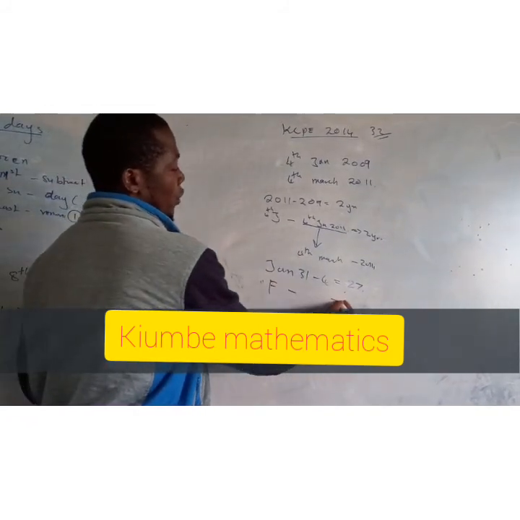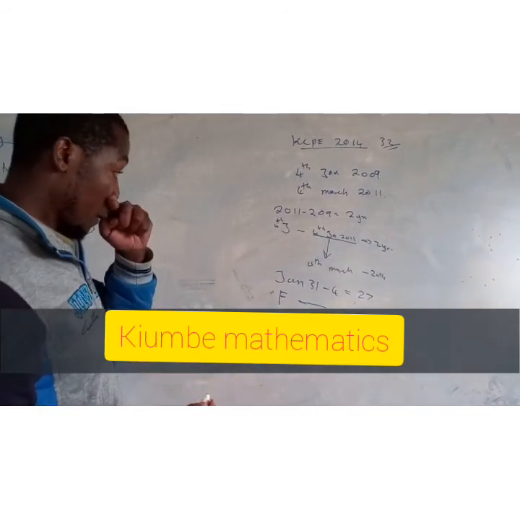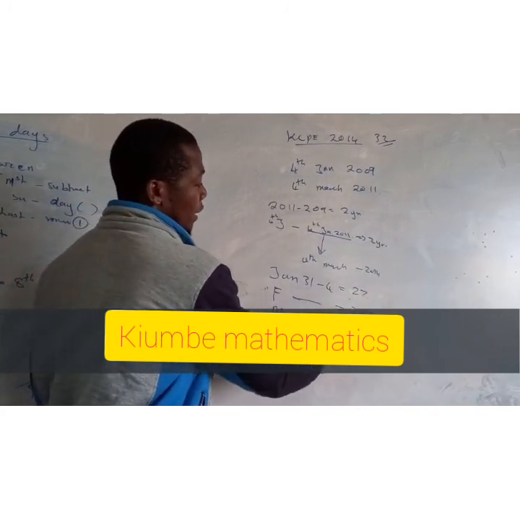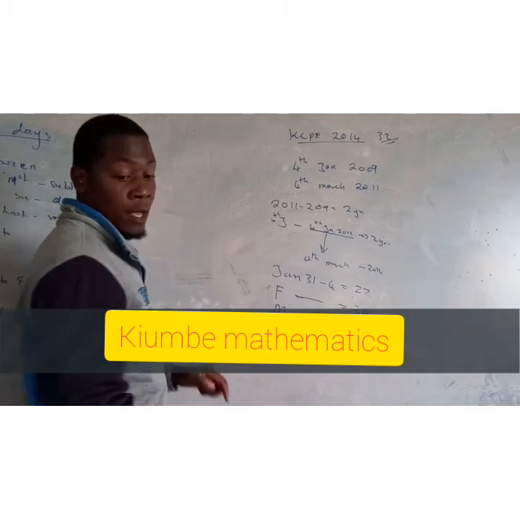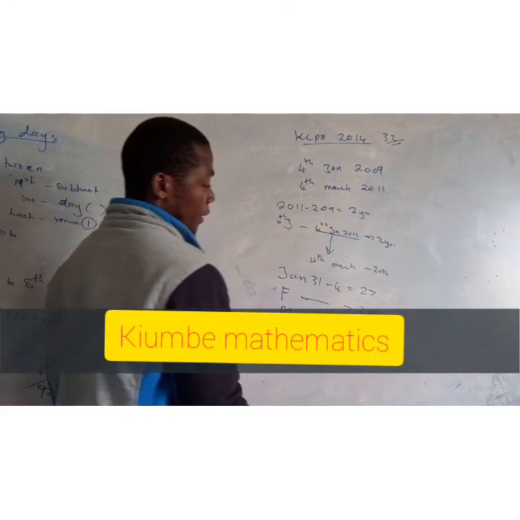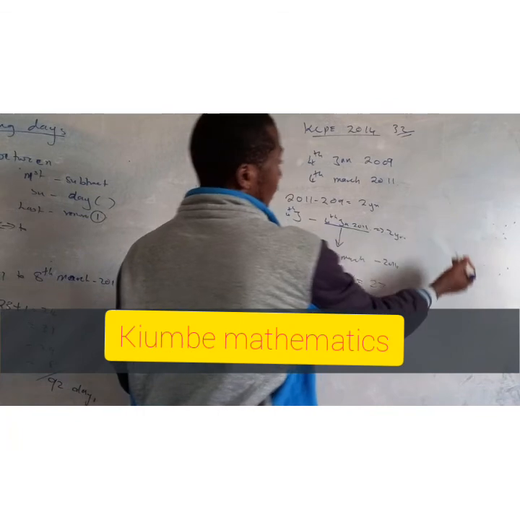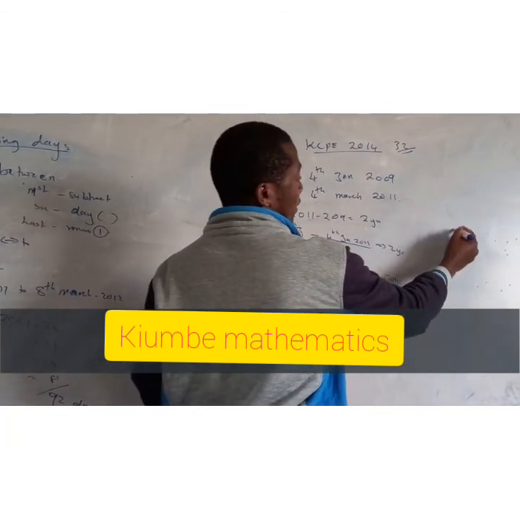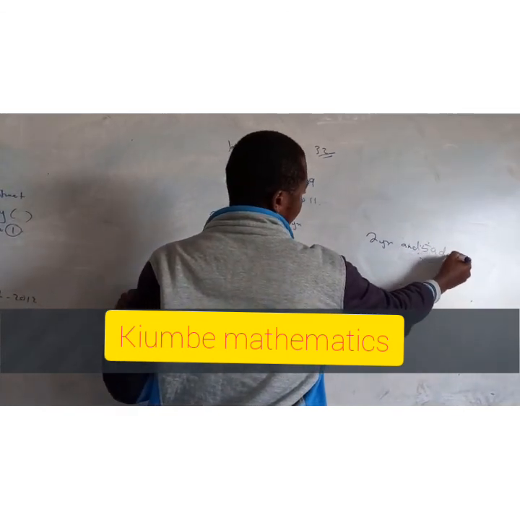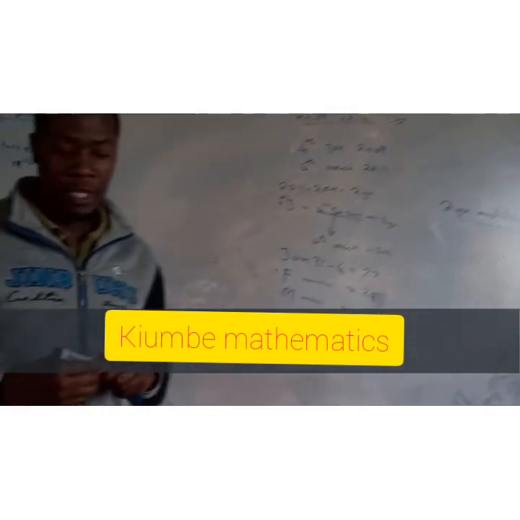February shall be 28 because it is not a leap year. March, we are given 4 days, therefore we add 4. So the sum of all these is 59. Those for years were 2 years, and those for days are 59. Therefore, our answer shall be 2 years and 59 days.